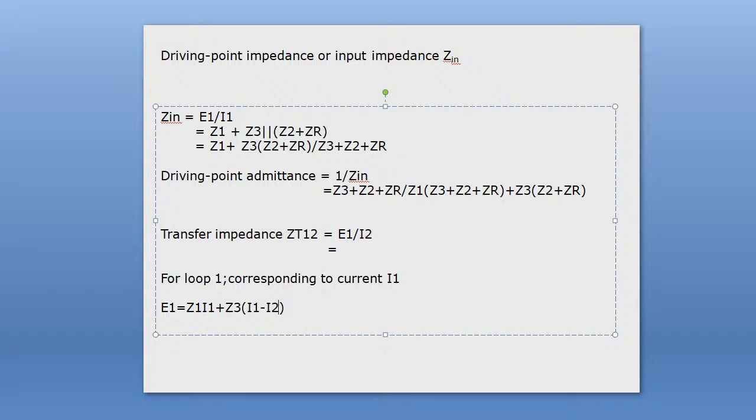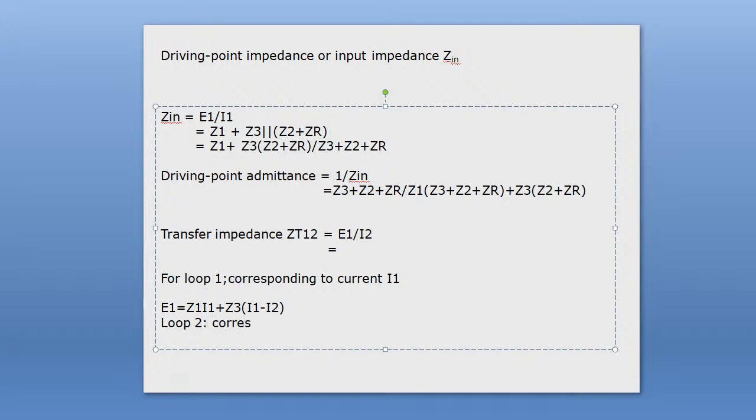Okay, E1 is the supply voltage. So now you write the loop equation for loop 2, corresponding to current I2.